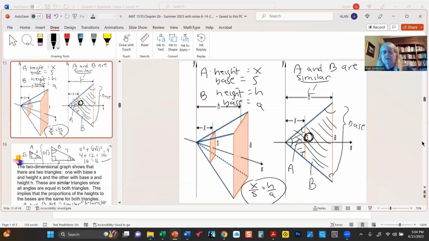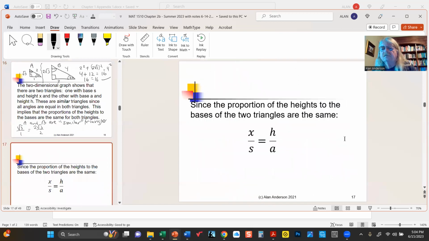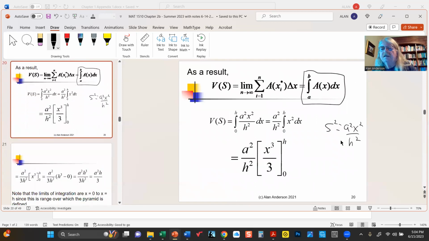So think of this as 0 and H. So in other words, the integral is between 0 and H. So that's where they're getting these. And now you recognize this piece is simply S squared. That's what we're looking for, the area of the cross section.